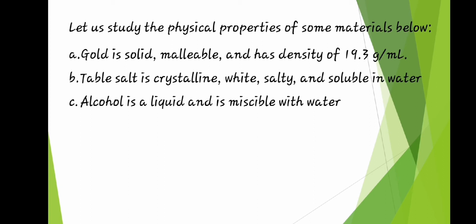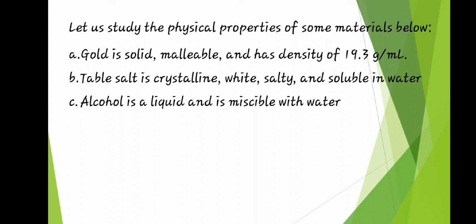Let's proceed to another example. Table salt. Table salt is crystalline, white, salty, and soluble in water. As you can see, it is also described by taste. So you can describe a physical property through taste. From the physical appearance of table salt, which is crystalline and white, you can see it by the color.